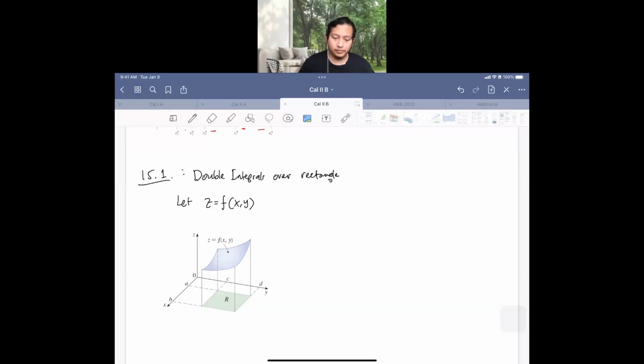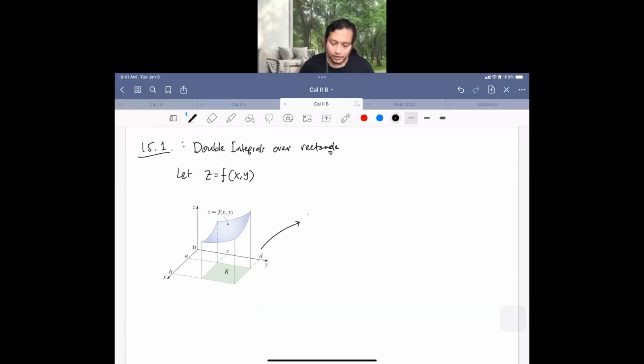Okay, and now we say that this rectangle, if you see the rectangle, its sides should be [a, b] multiplied with [c, d], and this is, of course, in the domain, a subset of R squared.